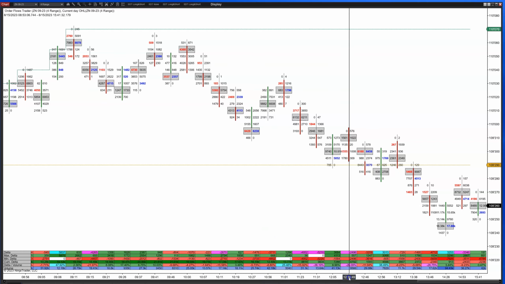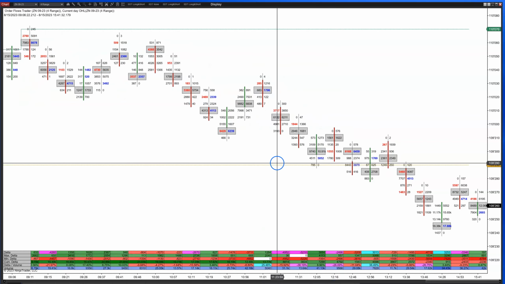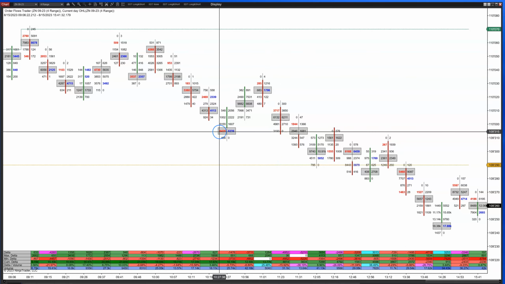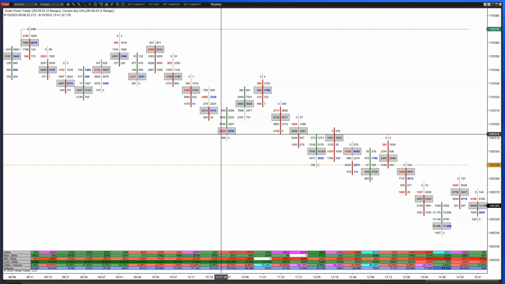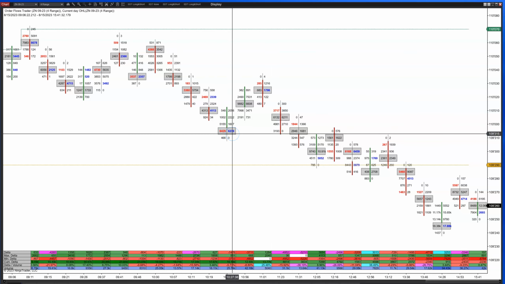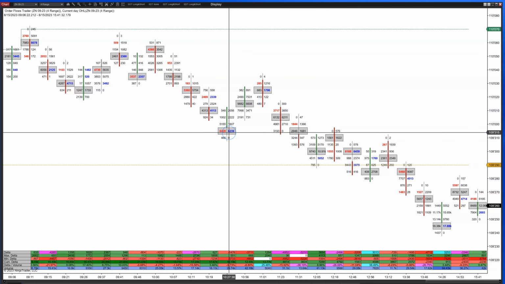There's always big size on the bid, big size on the offer. You can see down here when it traded all the way down to 109.31 and a half, 6,429 transacted on the bid, 6,239 on the offer. That's a lot of volume going through. So if you're looking at big volume only, where's the value?